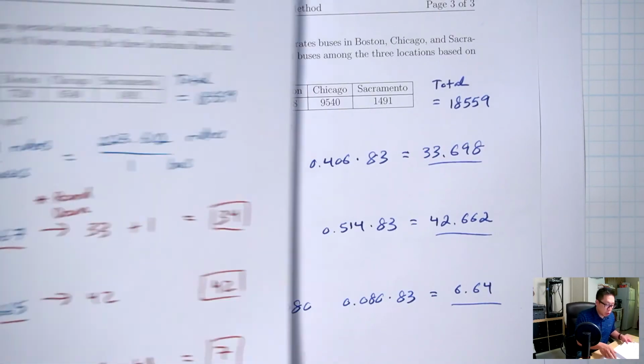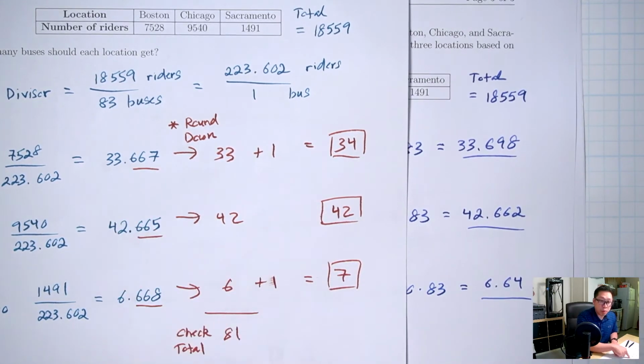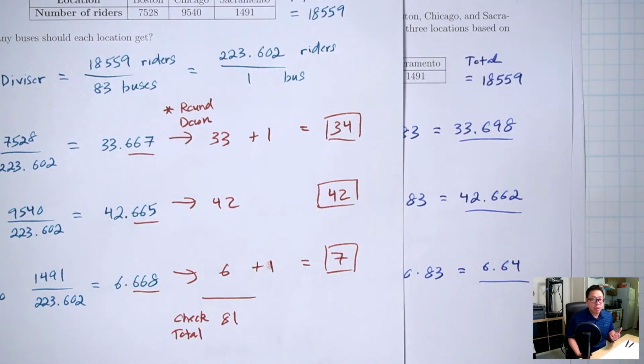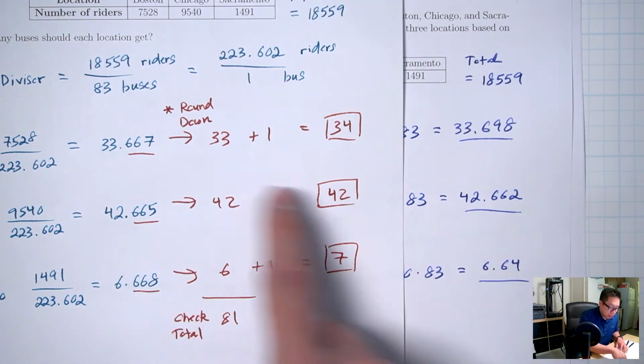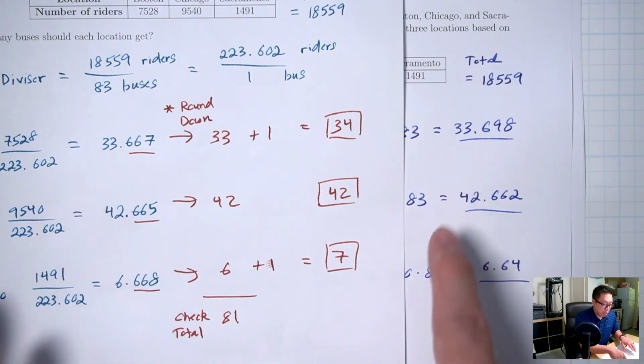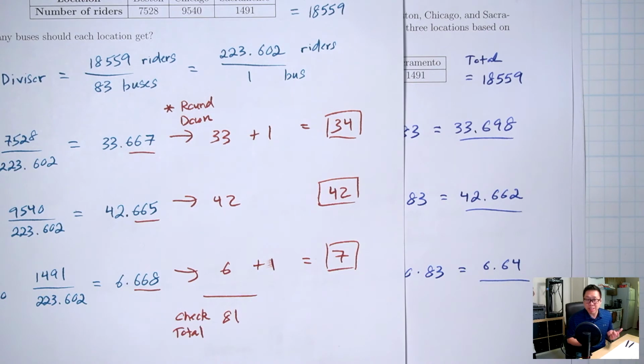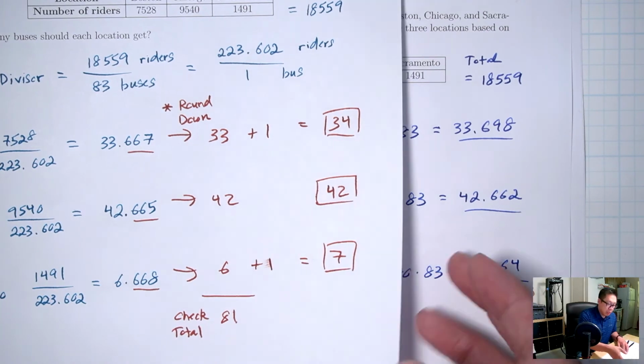So the standard quota are these decimal numbers before we round, and they represent exactly how much each city or state deserves. Now, I know these numbers are different, but they're actually supposed to be the same. The only reason why they're different is because we rounded. So if we use exact answers, the percent method and the Hamilton method should be exactly the same in terms of those decimals before we rounded.